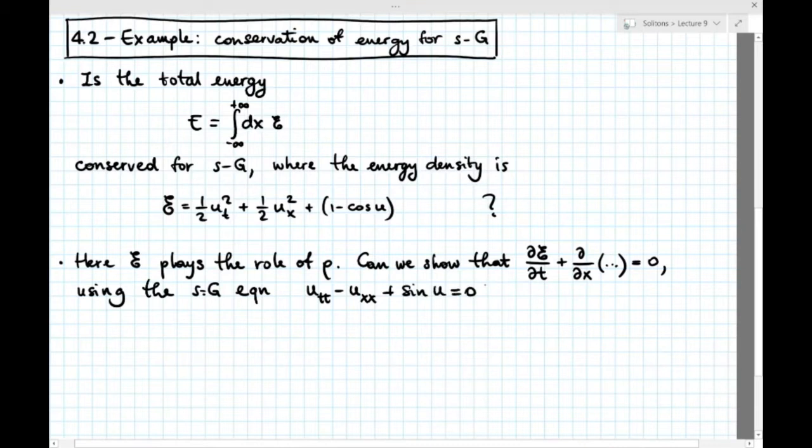And we also want to show that the limits of the current J, which appears in the continuity equation, are the same and are finite as x goes to plus or minus infinity.